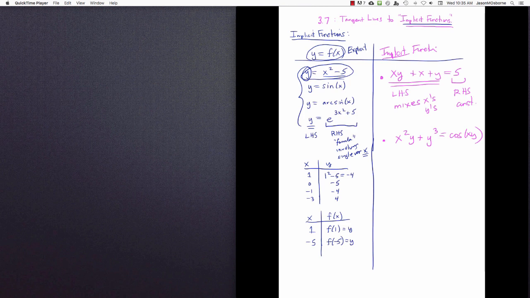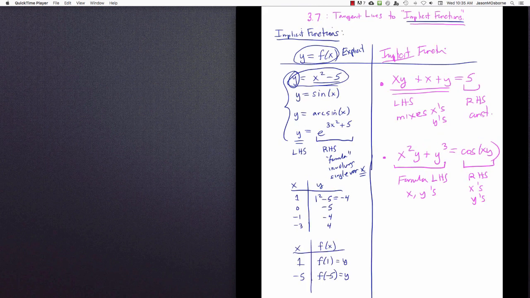Again, what we're seeing here is formulas on the left-hand side that have both x's and y's in them, and in this particular case the right-hand side involves x's and y's too. So an implicitly defined function is one where the right and left-hand sides involve a mixture of formulas that have x's and y's in them.